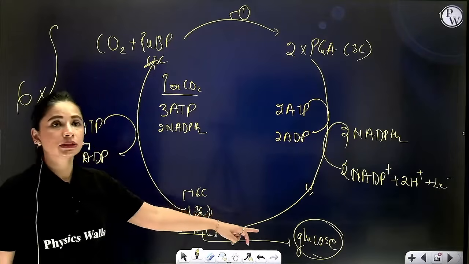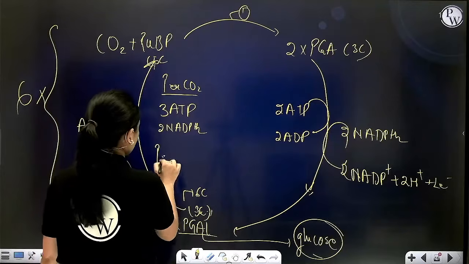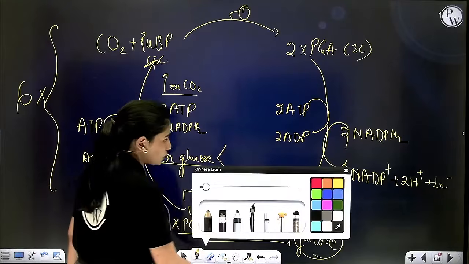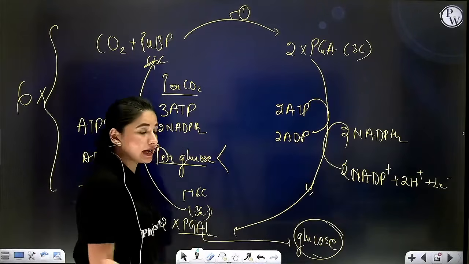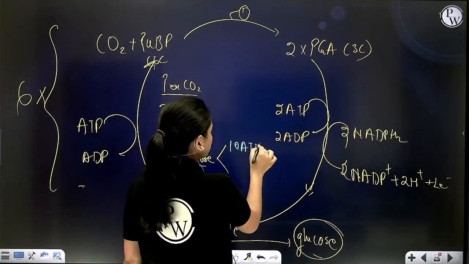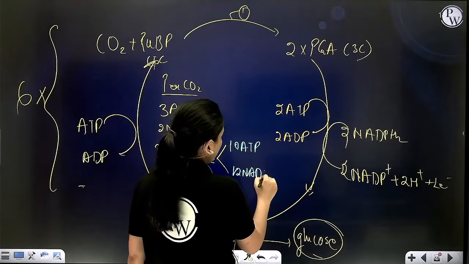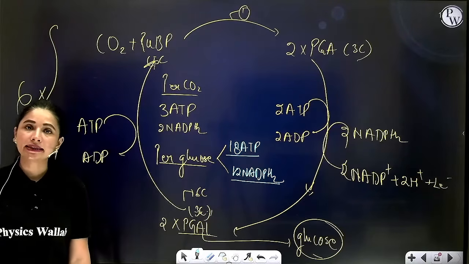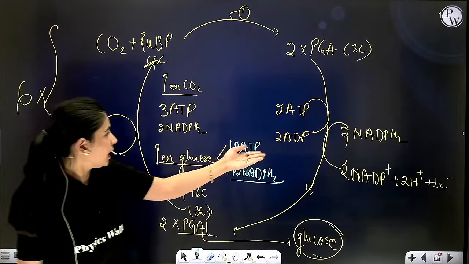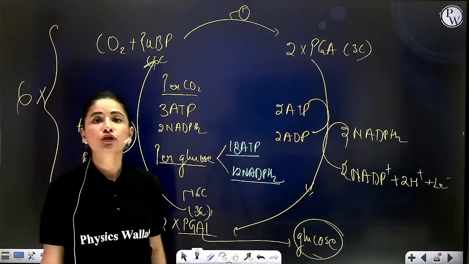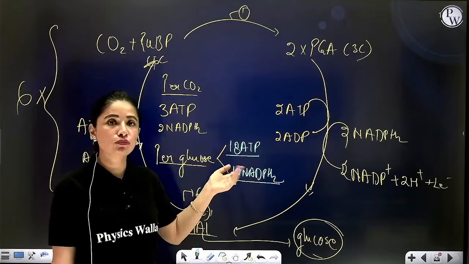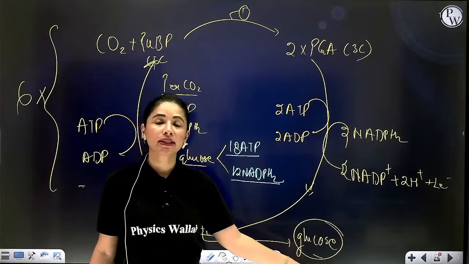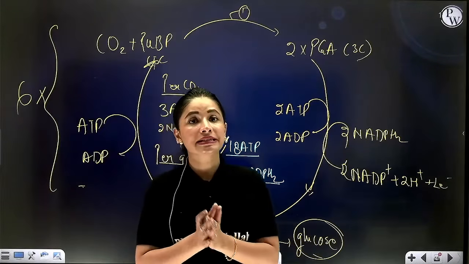Now if the question comes with respect to per glucose, the cycle is going to run 6 times, making 18 ATP utilization and 12 NADPH2 utilization. Yes or no? 3 sixes are 18, and 2 sixes are 12. So 12 NADPH2 molecules and 18 ATP are consumed for producing one molecule of glucose with the help of the C3 cycle or Calvin cycle.